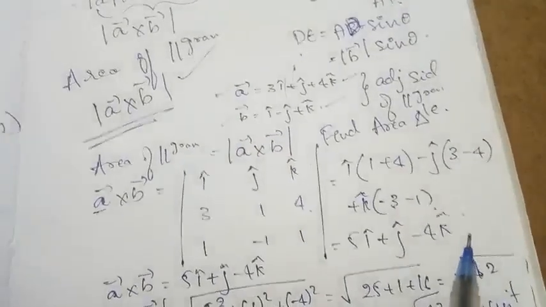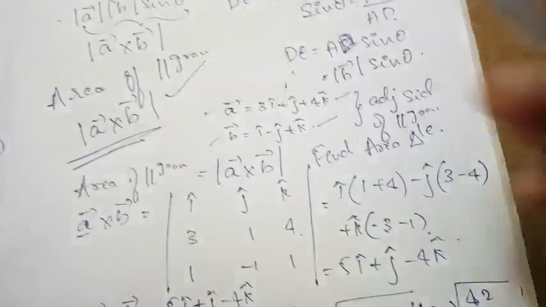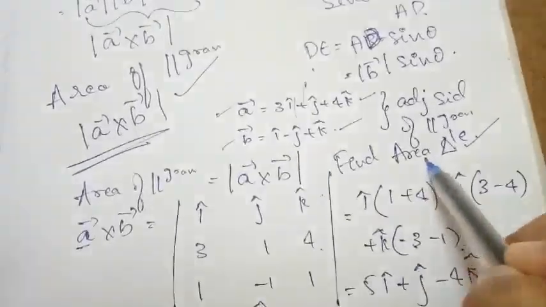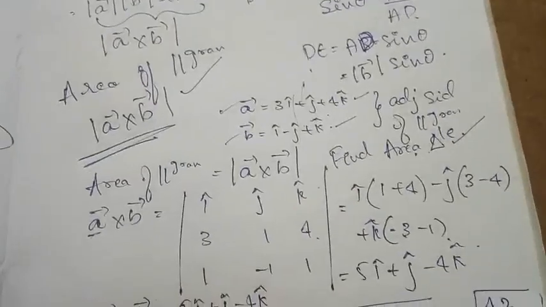Once you have the area of the parallelogram, half of the area of the parallelogram is nothing but the area of the triangle. This is how we can get the area of a triangle with the help of two adjacent sides of a parallelogram.